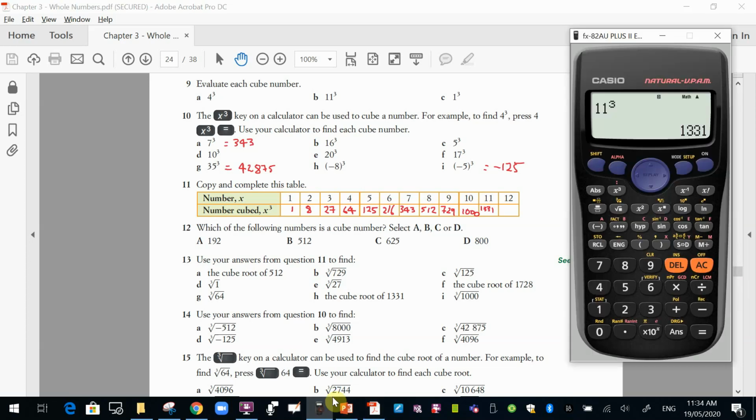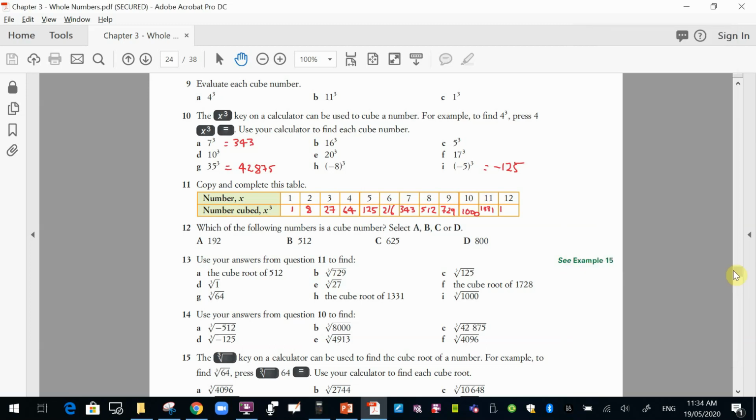And 12 cubed is 1728. Now doing all that there, make sure you pause so you can get all those numbers.